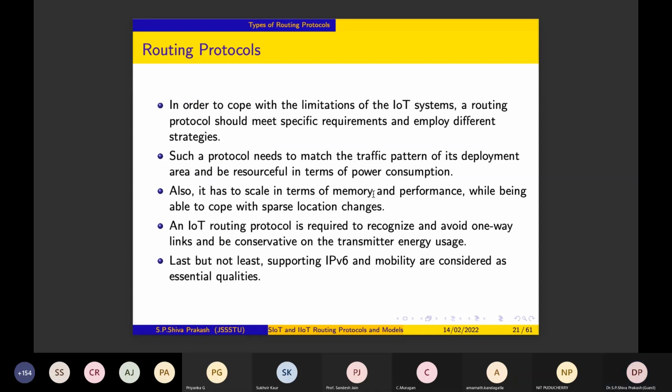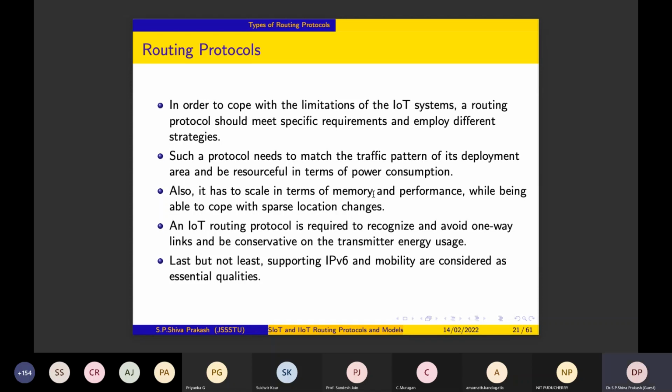Now, to cope with the limitations of IoT systems, a routing protocol should meet specific requirements and employ different strategies. Such protocols need to match the traffic pattern of their deployment area and be resourceful in terms of power consumption. Also, they have to scale in terms of memory and performance while being able to cope with sparse location changes.